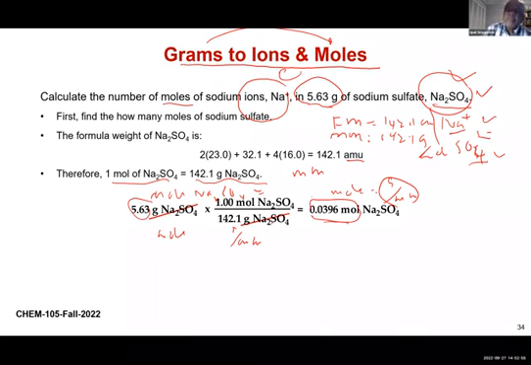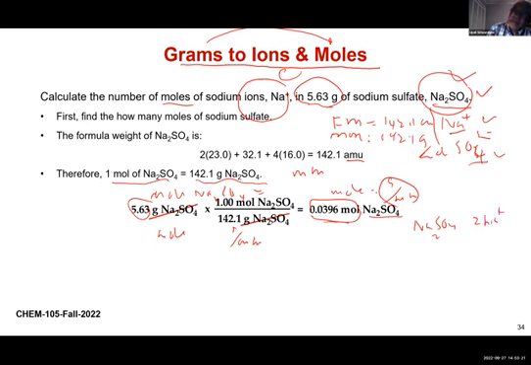The question is not formula units. This is called how many moles of formula units. That's the whole thing. There are some sodium ions. Each sodium sulfate contains 2 sodium ions.